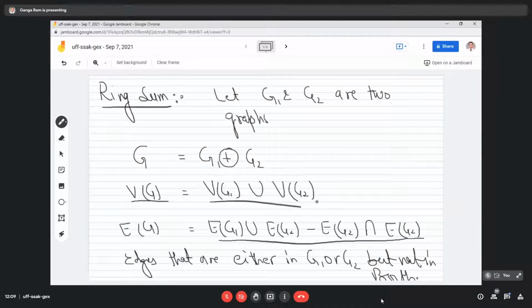I'm saying that V of G is the set of vertices, and this represents that you will take only those edges which are either in the G1 graph or the G2 graph, but you will not take those which are in both G1 and G2.